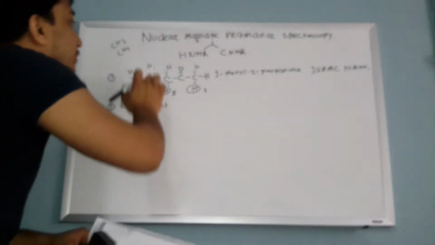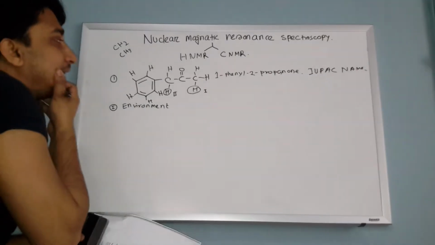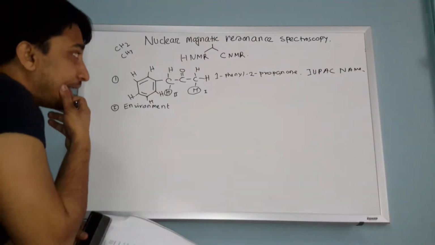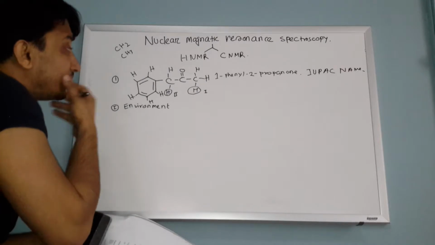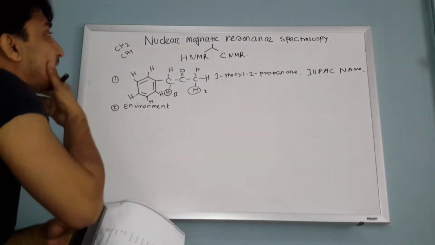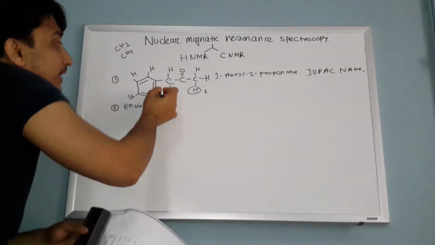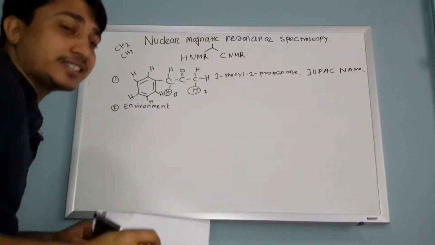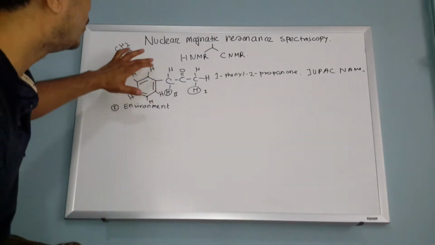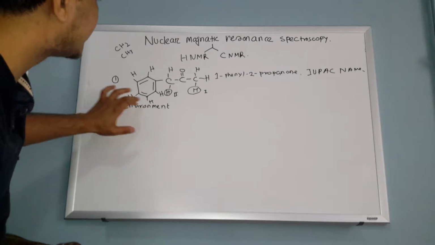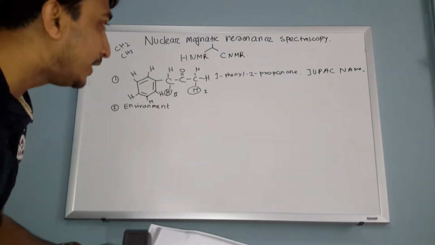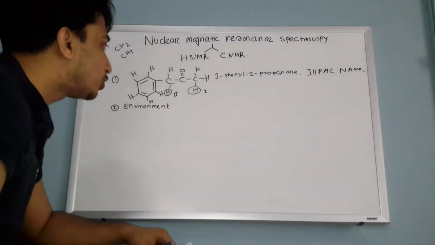Okay, come to this one, benzene ring. Also in the benzene ring, look what happened. Some books say that this is only one environment, these 5 hydrogens are the same thing, that's why this is one environment. But basically this is not true. Why?